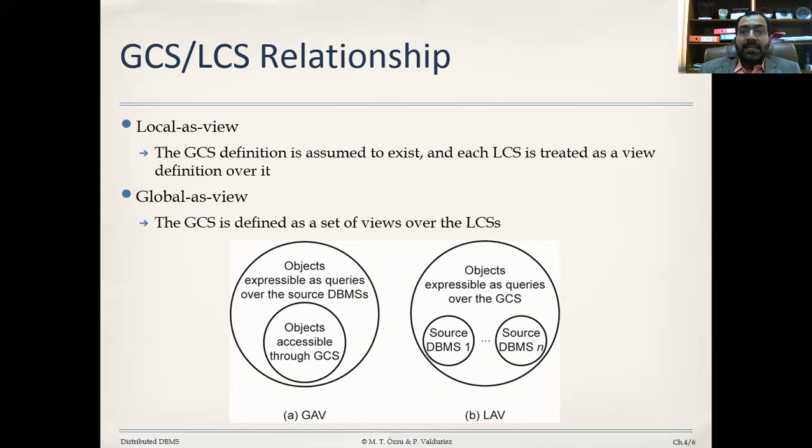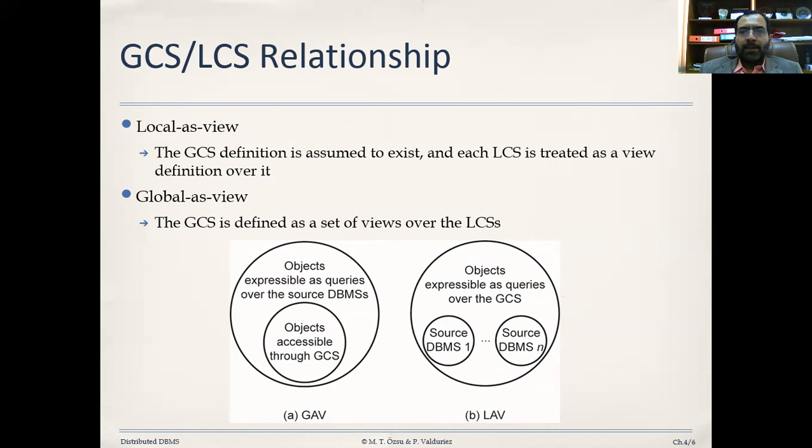and each LCS is treated as a view definition over it, and all those LCS you will take in that particular problem are treated as view definitions. Each is basically representing a view, a subset of the representation of the GCS, in other words.